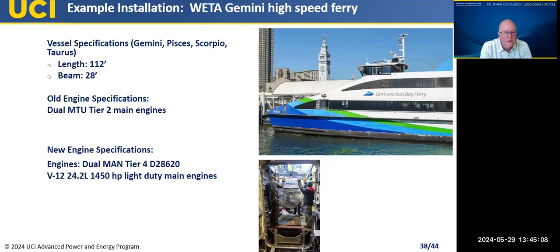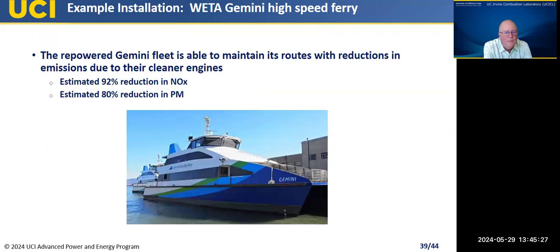The new engines are a dual MAN tier 4 2862 V12 engine. So that switch was made, and then the performance in terms of emissions on the next slide. Basically more than 90% reduction in NOx and 80% reduction in PM. So again, impressive improvements in emissions. Next.